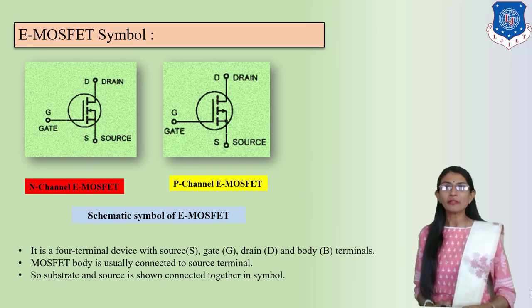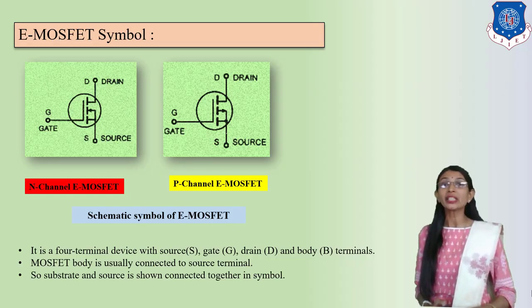Look at this, this is the E-MOSFET symbol. I have drawn here the two symbols, N-channel E-MOSFET and P-channel E-MOSFET. The first symbol is N-channel E-MOSFET and the second symbol is P-channel E-MOSFET. Actually there are four terminals: source, gate, drain and body terminal.